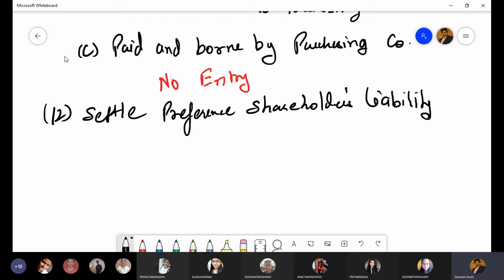That means we need to close down preference shareholders, pay off preference shareholders, close down preference shareholders account, and transfer the balance, if any, to the realization account. So in the step number 12, we will settle preference shareholders liability. That is, we will pay off whatever is to be paid to preference shareholders. Either it may be cash, it may be preference shares, it may be equity shares, anything.